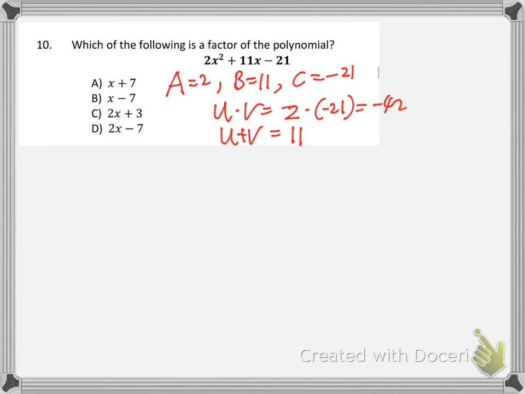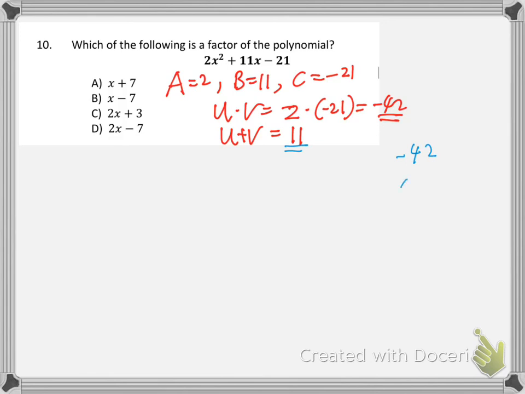So now I write down the conditions again for u and v in a new slide. So we need 2 integers. Product is negative 42, and then the sum is 11. So what is 42? Product negative 42.